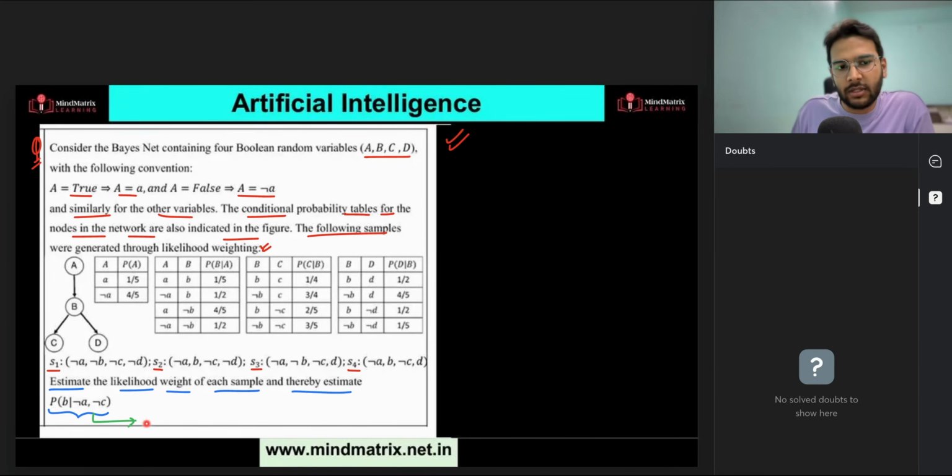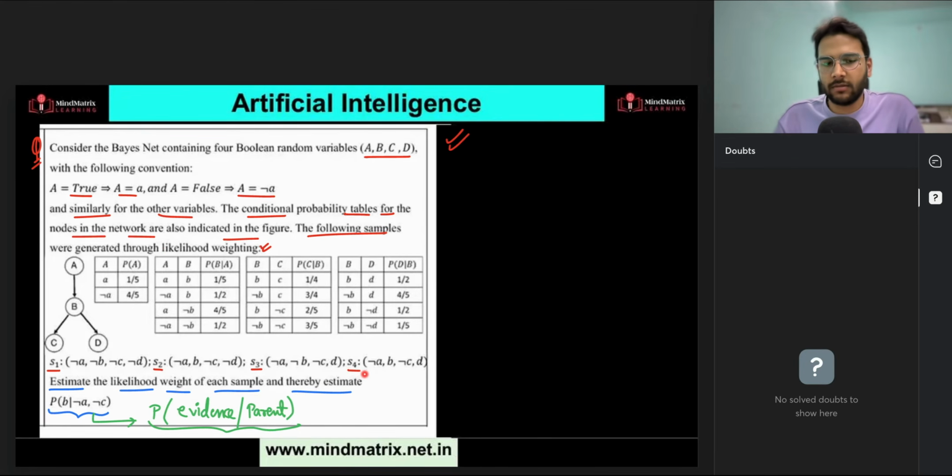When I'm talking about this thing, it is talking about probability of evidence given parent, or query. Whenever we are writing the probability, we always have to consider probability of evidence given parent. Correct? Yes or no?